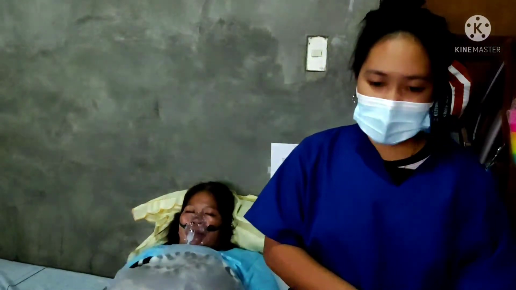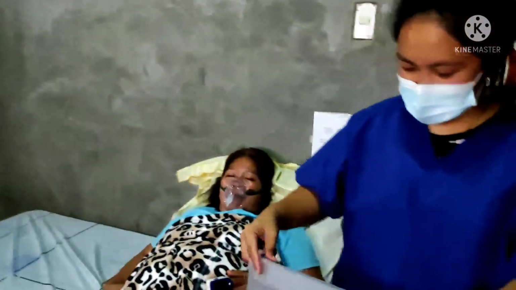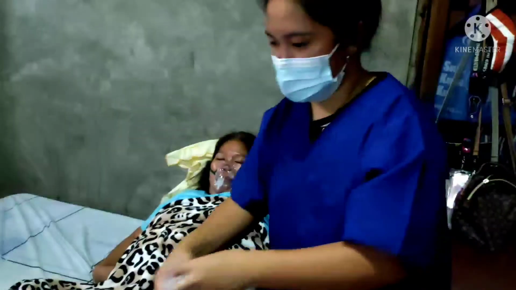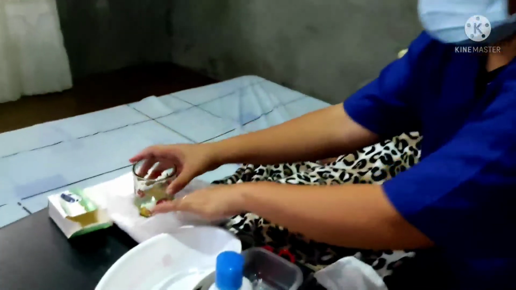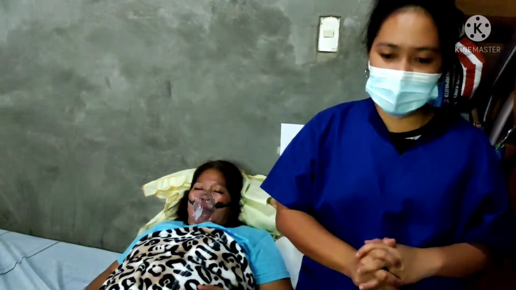And remove and dispose of the drape and reposition the patient. Help the patient into a comfortable position and provide oral hygiene as needed. Perform hand hygiene.